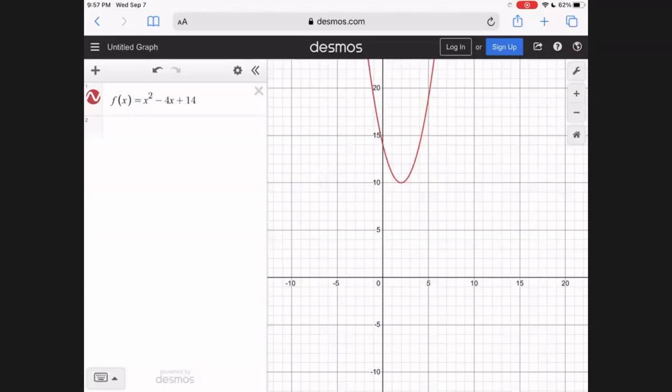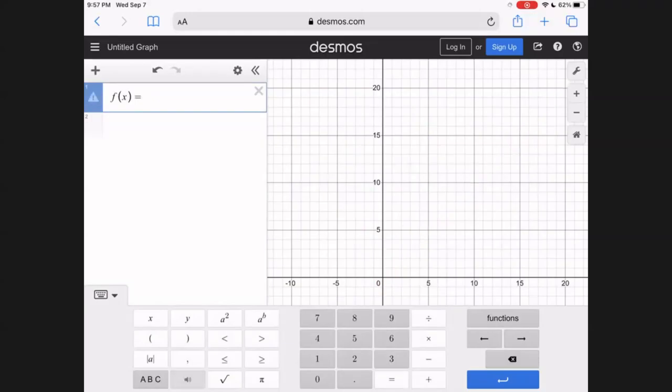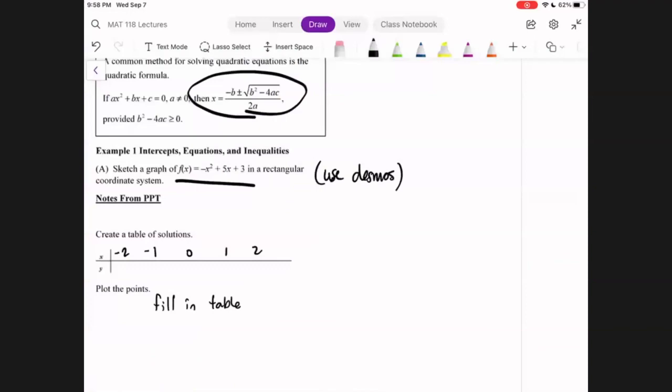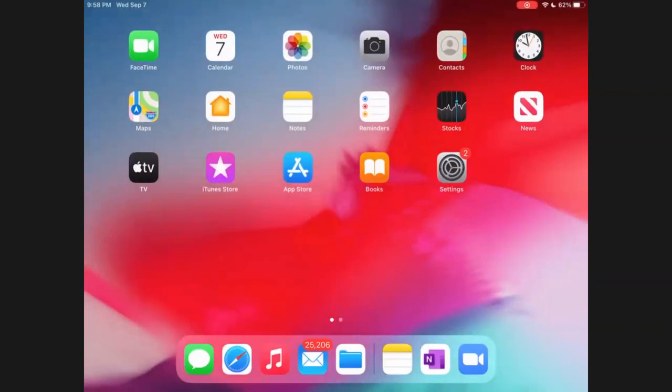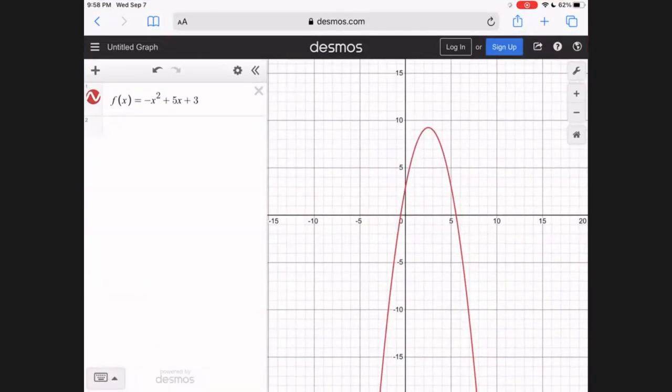Right, so we have negative x squared plus 5x plus 3. I can double check real quick to see if that was right. And it is. All right, so we see it looks like this sort of graph here. Okay.